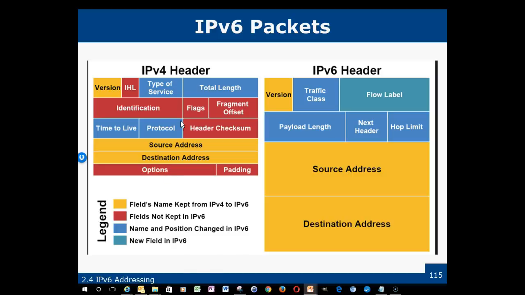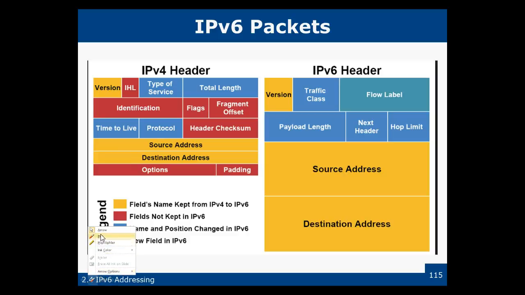This is a comparison of the two headers, and down here we have the field names kept from IPv4 to IPv6. Some of these things have stayed the same. When we look in here, the version field is the same. One's going to say 4 and one's going to say 6, obviously. The source address and destination address names are changed, but the size is 128 bits over here and 32 bits in the other one.